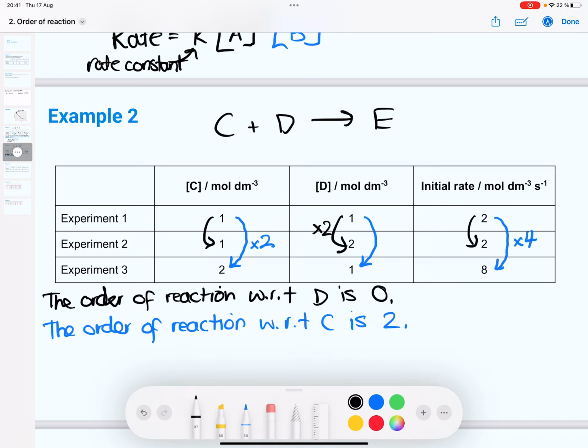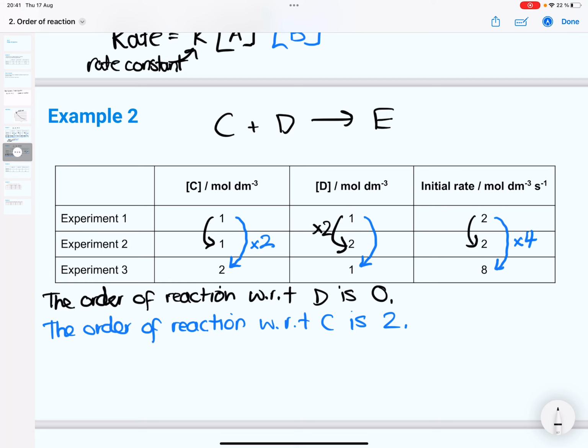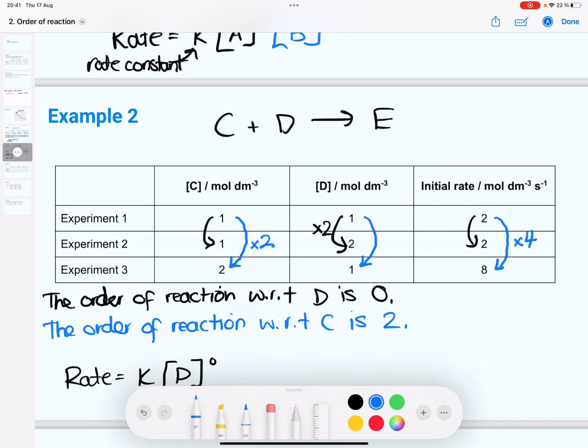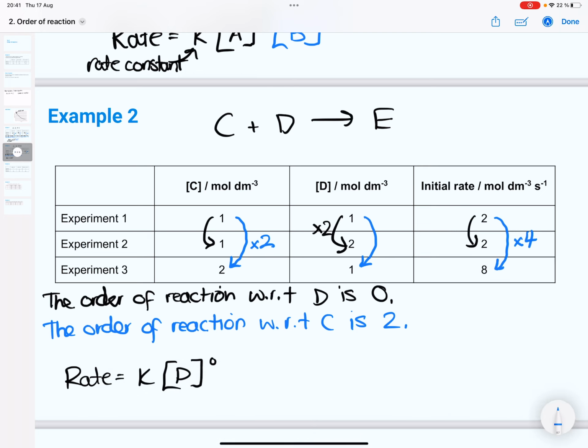Okay, let's write down the rate equation. So rate, as always, equals the rate constant times the concentration of D, which is to the power 0, times the concentration of C, which is to the power 2.